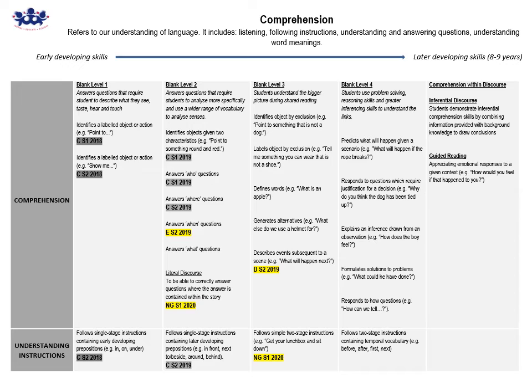This is an example of the comprehension page from the ILP. If you turn to this page of your child's ILP, you will be able to see their goals in the area of comprehension. The goals that are highlighted in yellow are current active goals that they are working on. The active goals may have an NG under them, meaning that this is a new goal that has been set.